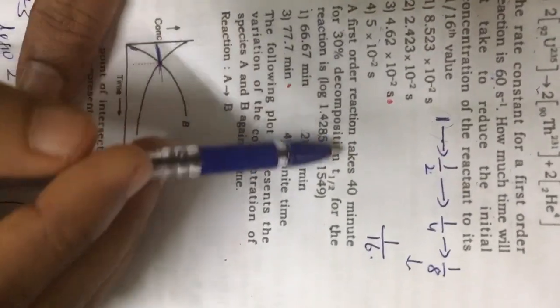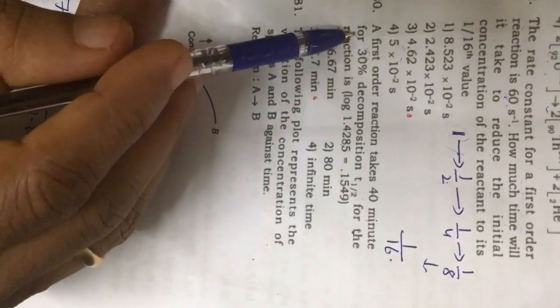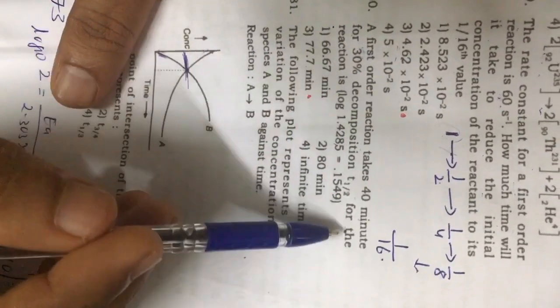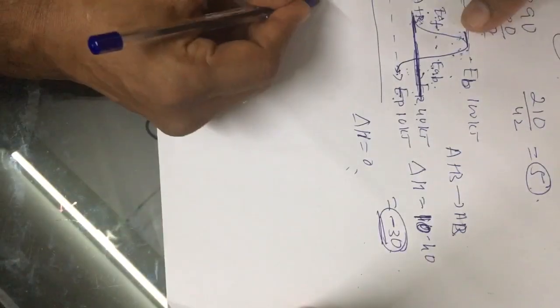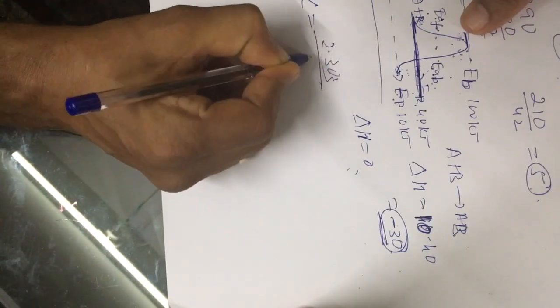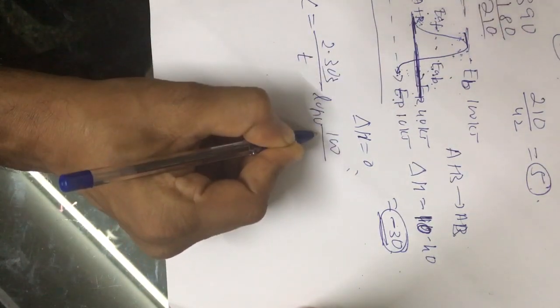A first order reaction takes 40 minutes for 30% decomposition. We have to find out the t half. So we can calculate: k is equal to 2.303 by time, log of 100 upon what it is reduced to.